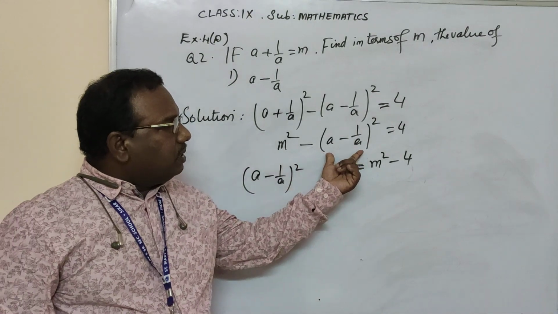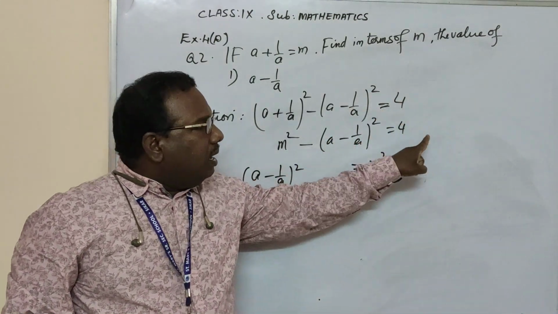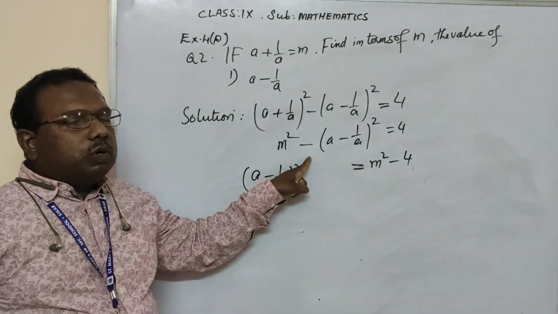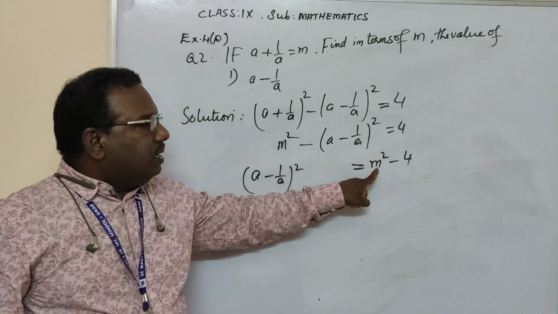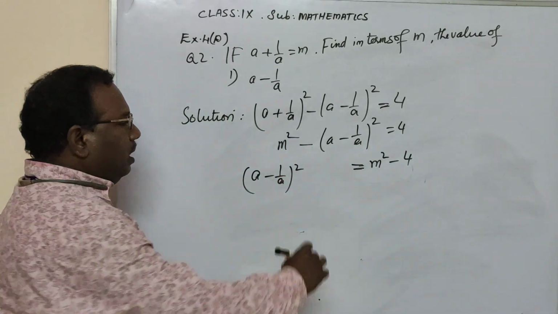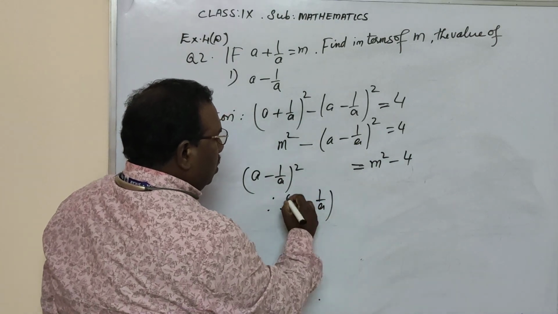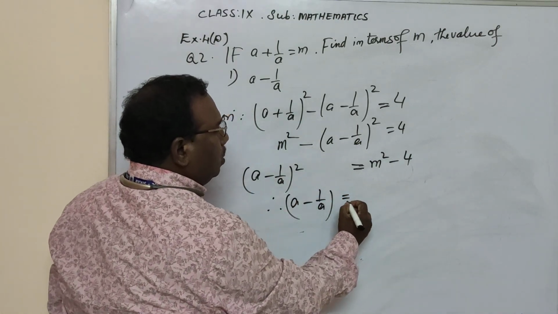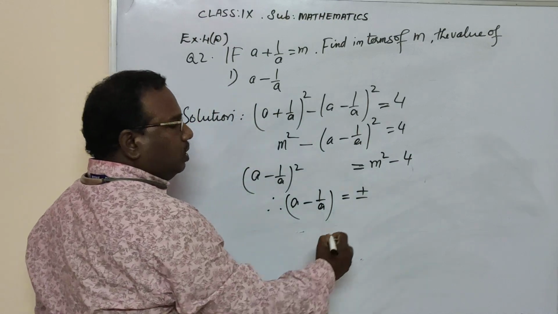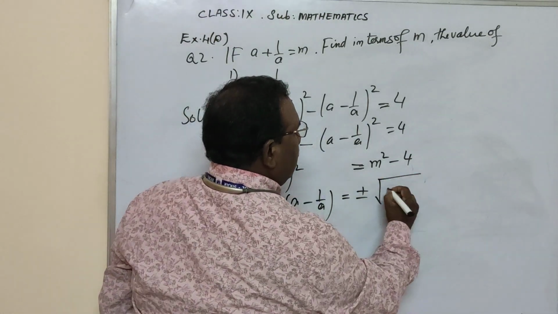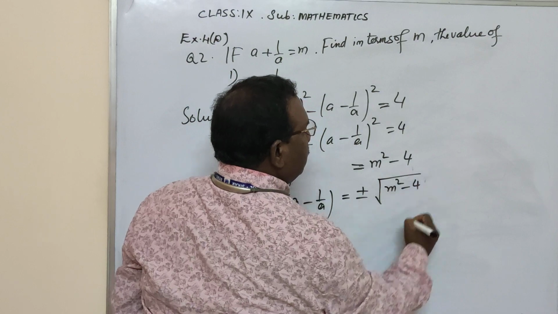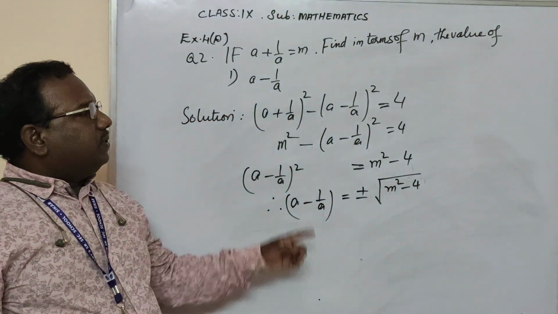This negative term is taken to RHS and this plus 4 is brought to LHS. And therefore, a minus 1 by a is equal to plus or minus square root of m square minus 4, which is the answer of the first part.